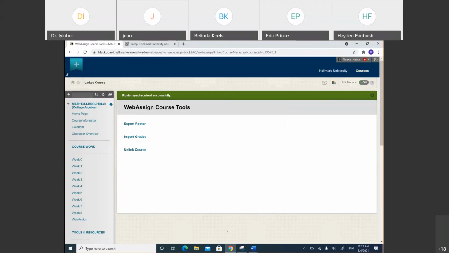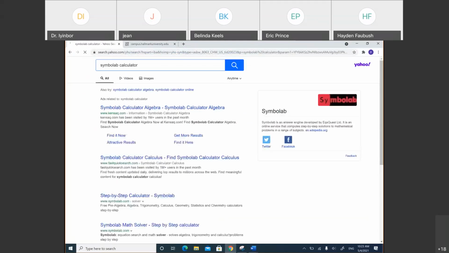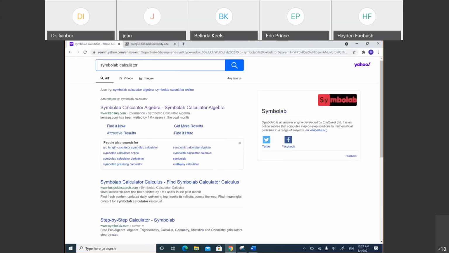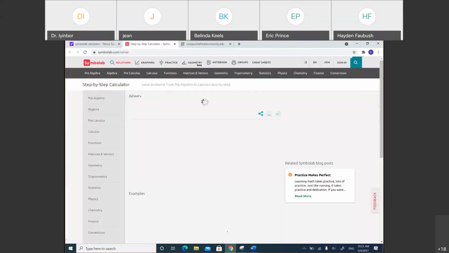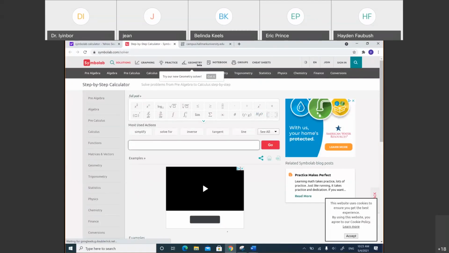There's a calculator online you can use. It's called Symbolab Calculator. I'm going to use that. I'm going to show you. Okay, so Symbolab Calculator looks like this, and it's really easy to use.